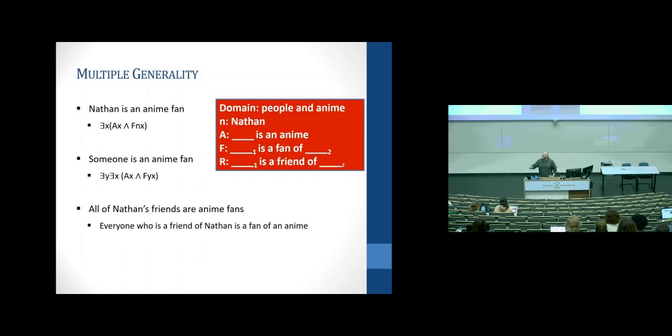We can hear the every F is G structure that way, right? So how do we do everyone who's a friend of Nathan? For all x, if x is a friend of Nathan's, then x is a fan of an anime. And how then do we do the consequent of this conditional? What's this bit going to look like?